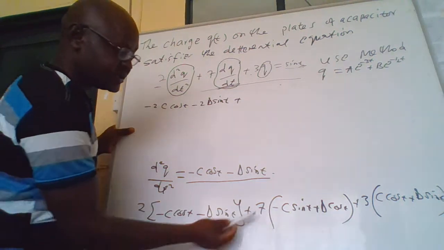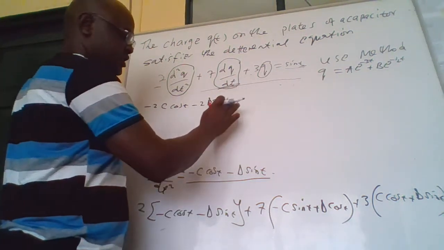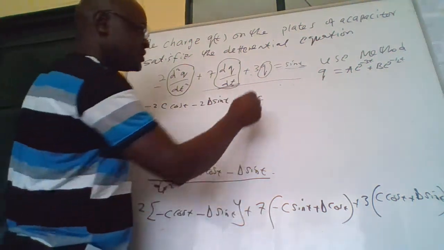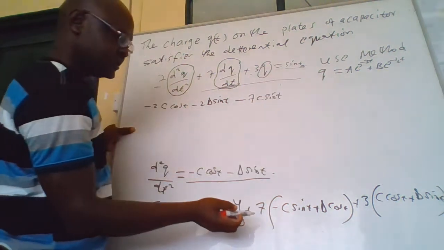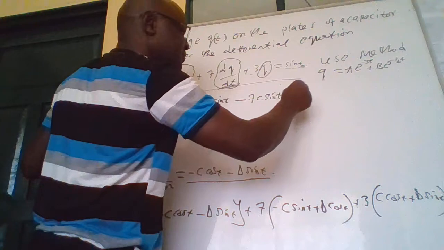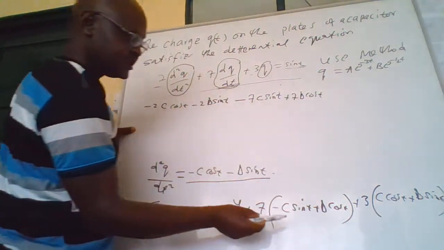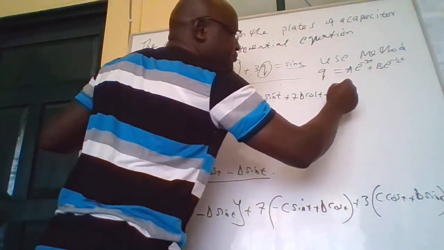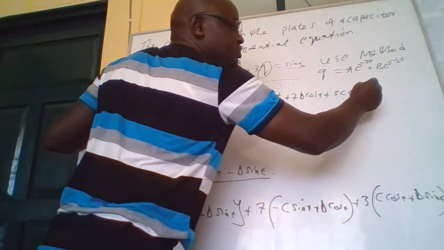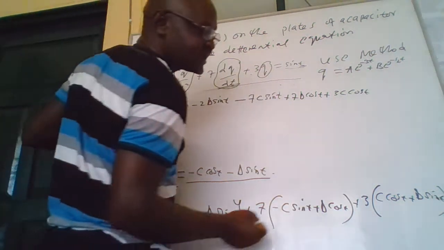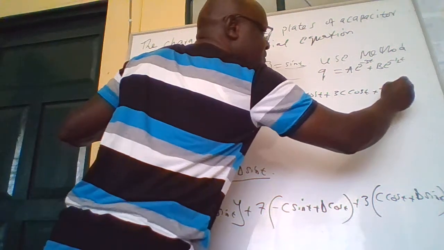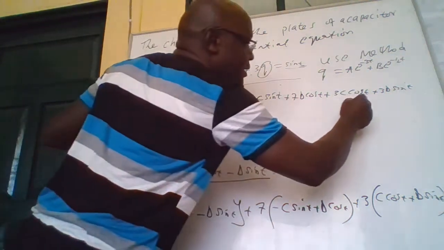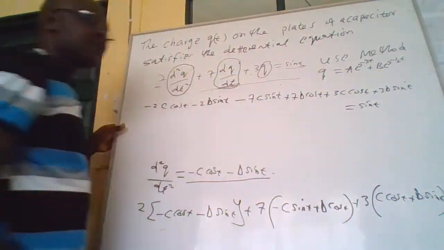We open the bracket here. 7 times this, we have minus 7c sin t, and then plus 7d cos t, then plus. We open up this, it will be 3c cos t, and then plus 3d sin t equals sin t.